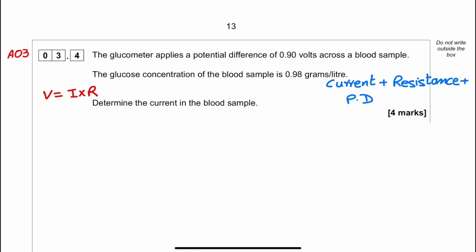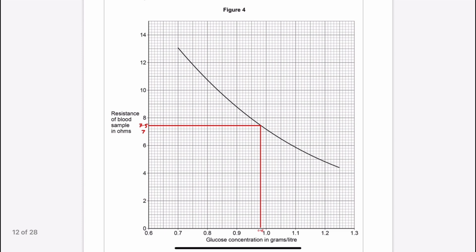The concentration of the glucose in the blood is 0.98 grams per liter. We will go back to figure number 4 to find the value of resistance by using the glucose concentration. From figure number 4, the glucose concentration is 0.98. If we go straight up to the graph, then go to the left side, the answer is 7.5 ohm, the resistance.